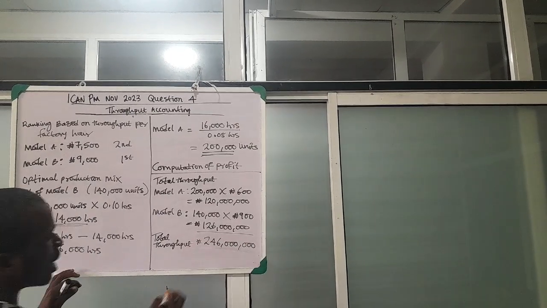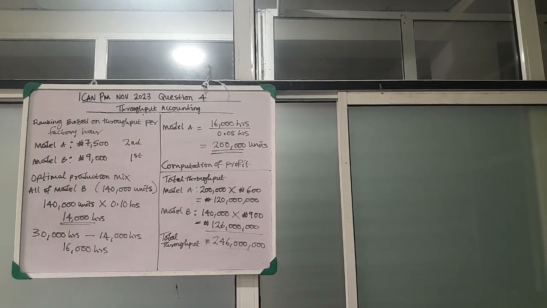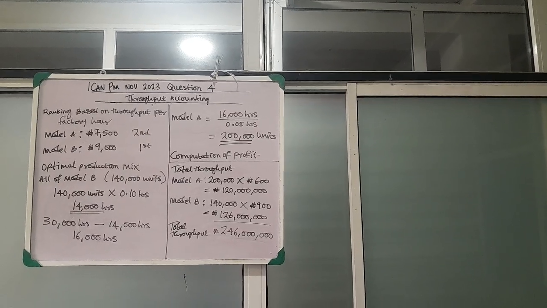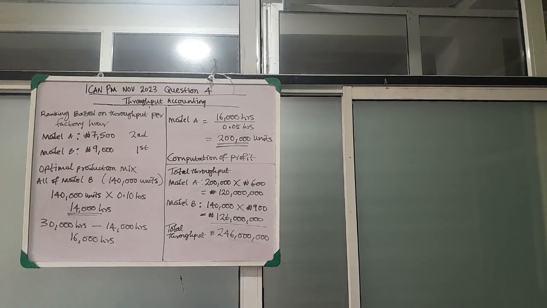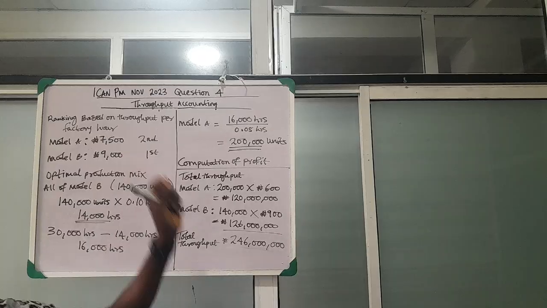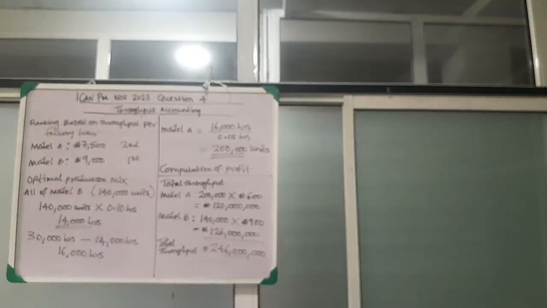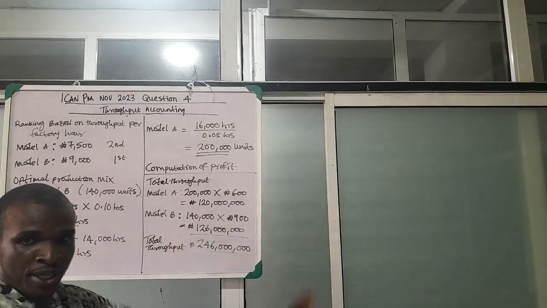Since we've gotten the total throughput, we are going to less the cost. Recall that initially we used only the fixed cost that was given to us in the question. The fixed cost was 40,500,000. But now, there are some other variable costs that were initially variable that we have now termed as fixed.